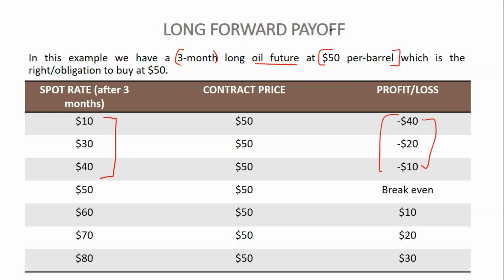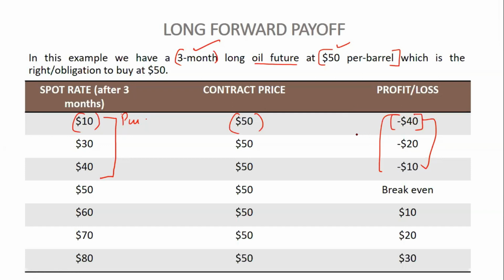Why? Because as per contract, they still have to pay 50, right? So let's say this party who has to deliver the oil is going to purchase oil for $10, and then deliver the oil to this party for the contract price of $50. So they have made a profit of $40, whereas this company has made a loss of $40.